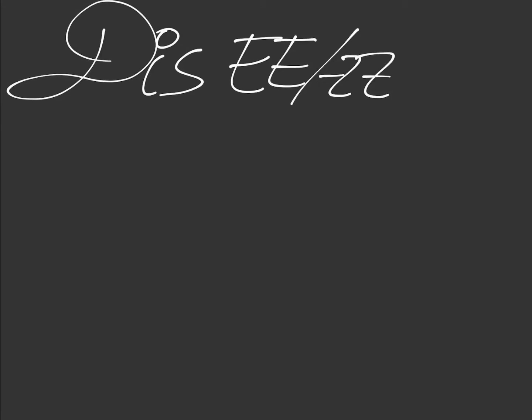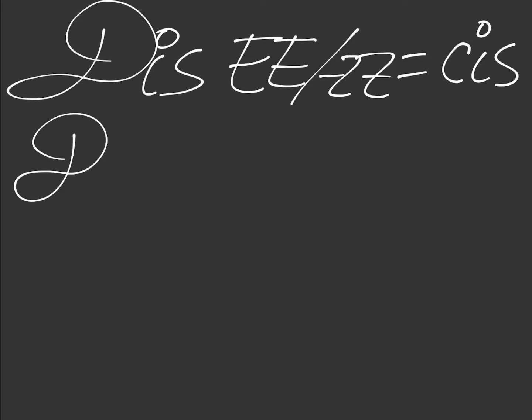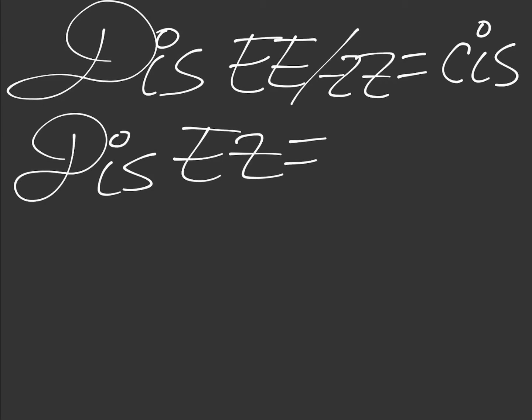If you move in a disrotatory manner in an EE or ZZ molecule, when it closes, it will give you a cis product. If it moves disrotatory in an EZ or ZE molecule, it will give you a trans.